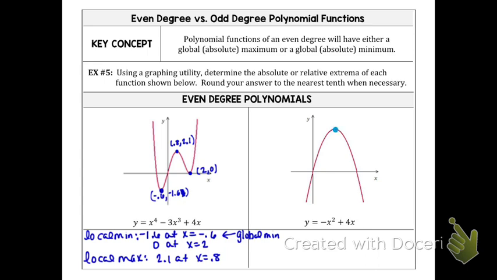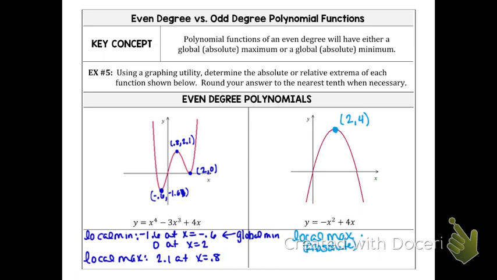All right, the second one here, we'll go find that. It's just at 2.4. And so we have no minimums, we have no valleys, our graph keeps going down, there's no minimums. So we just have this local maximum, which is also your absolute or your global, because it is the very top point, okay?